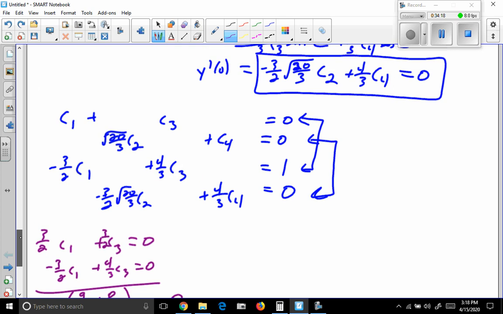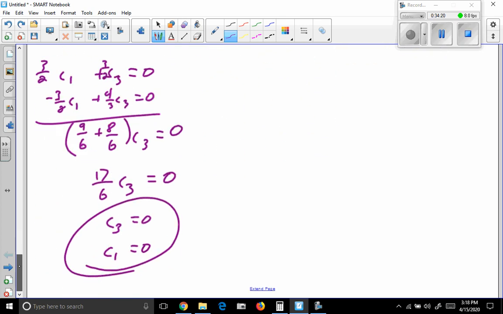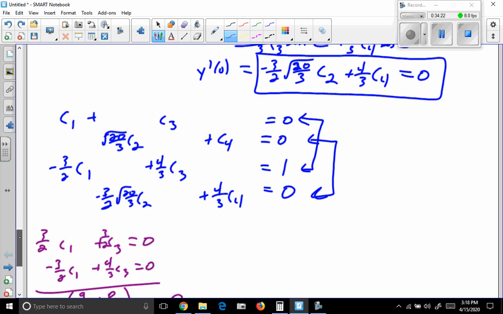So that's going to help whittle down our system here in a minute. Now let's look at our other system. We've got root 20 over 3 C2 plus C4, and we've got minus 3 halves root 20 over 3 C2 plus 4/3 C4.